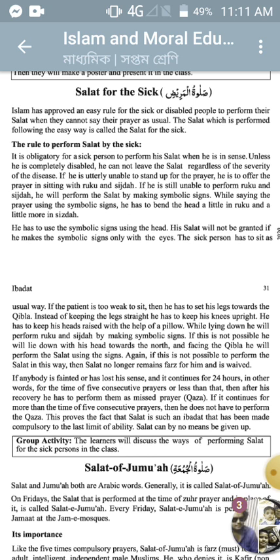If it continues for more than the time of 5 consecutive prayers, then he does not have to perform the qaza. This proves the fact that salat is such an ibadat that has been made compulsory to the last limit of ability. So salat can by no means be given up. Okay.